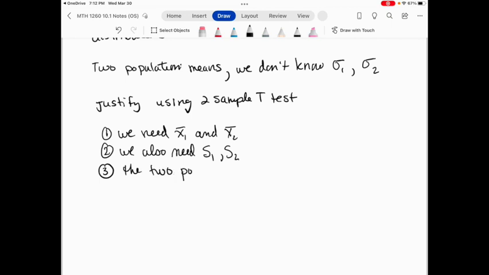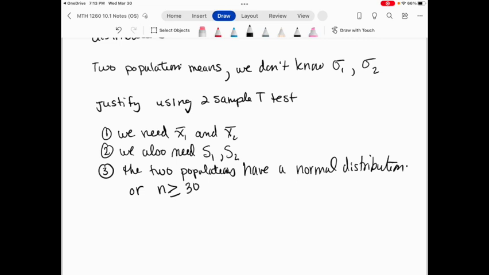The next thing we need is that the two populations have a normal distribution or the sample size for each sample has to be greater than or equal to 30.